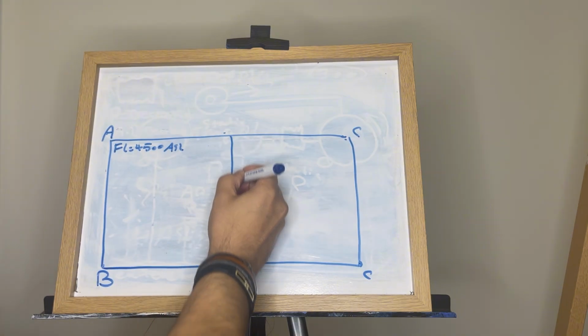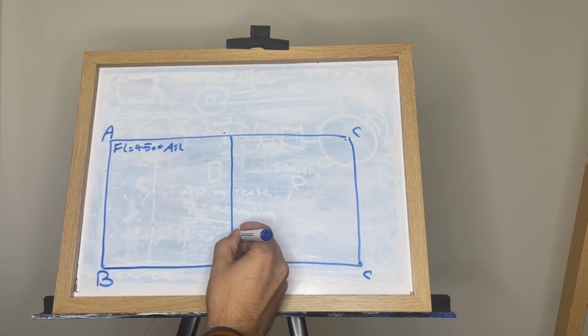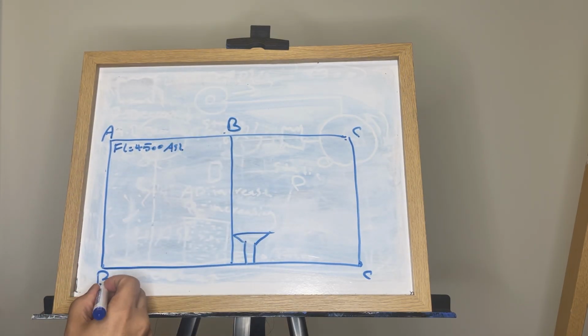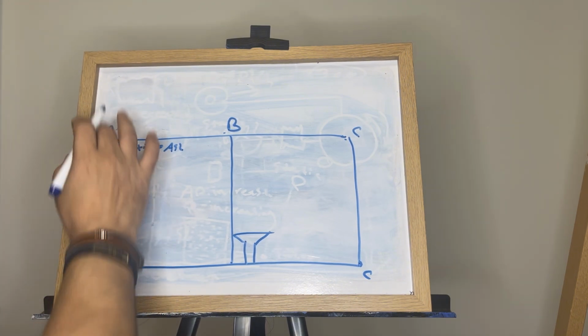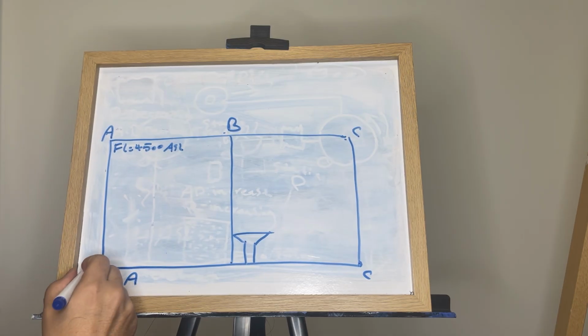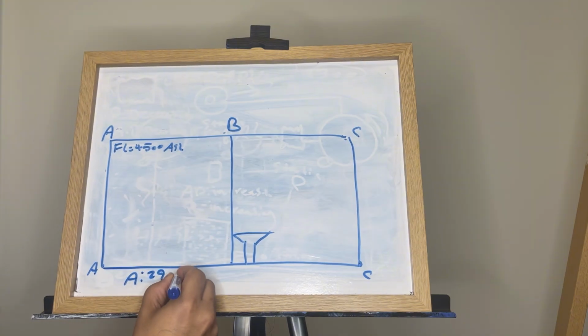In the middle of the way, there is a station B. So after setting the altimeter setting on the ground at station A, for example, the altimeter setting is equal to 29.00.